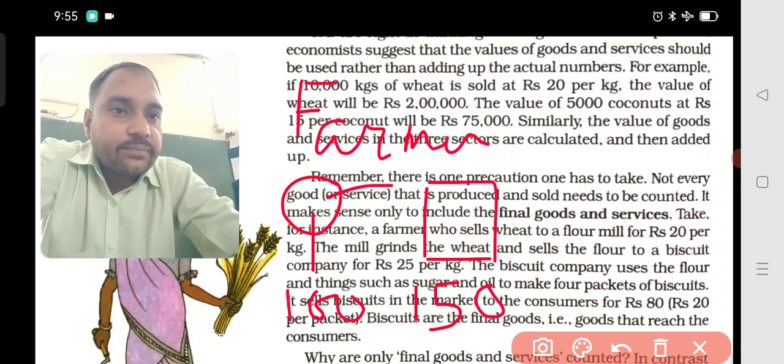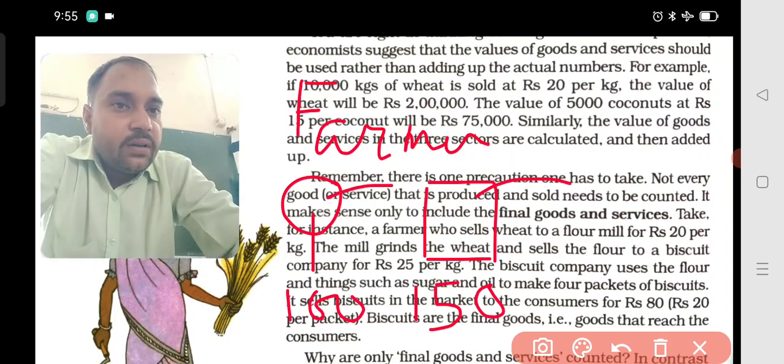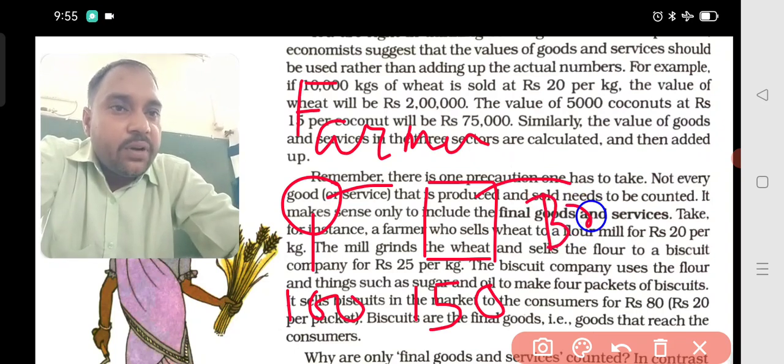Now a bakery owner purchases this wheat flour of rupees 150, makes bread from the flour, and now sells the bread for rupees 250.